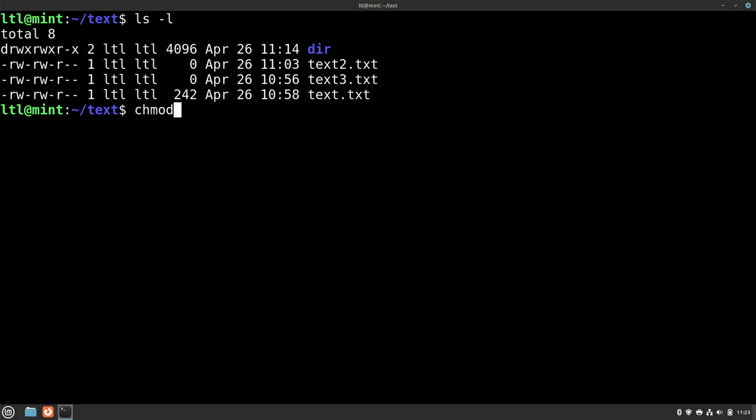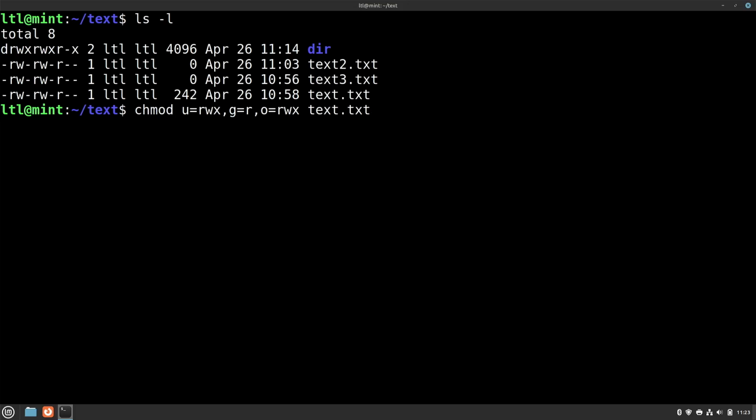So what I can do is I can do chmod, and the user is going to equal rwx, comma, the group is going to equal r, comma, and other, the rest of the world, is going to equal rwx. And that's going to be for text.txt.